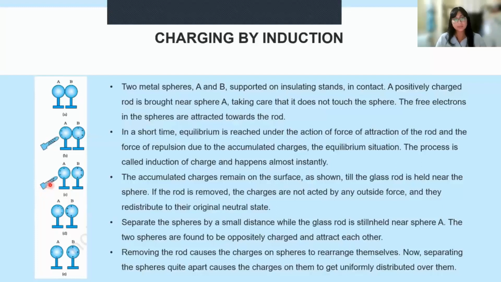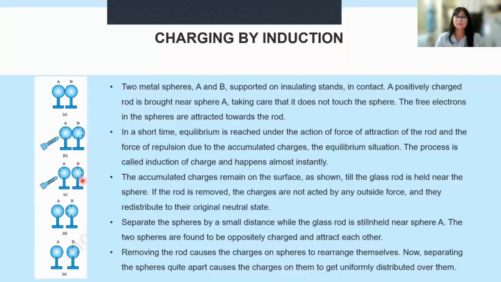You again bring a positively charged glass rod next to sphere A, and you will see that the same thing happens: the surface near the positively charged rod gets negative charges, and on the other surface of sphere B, you will see positive charges.